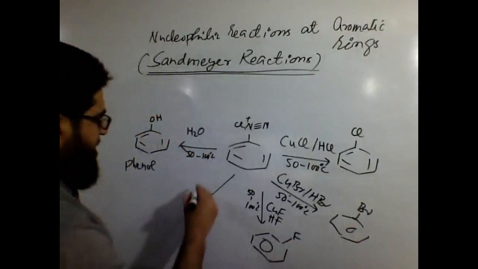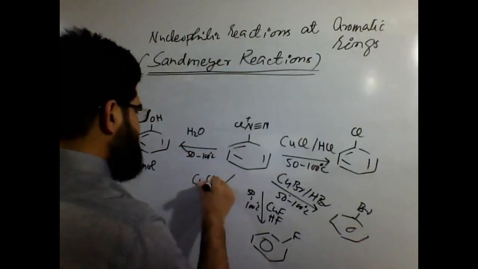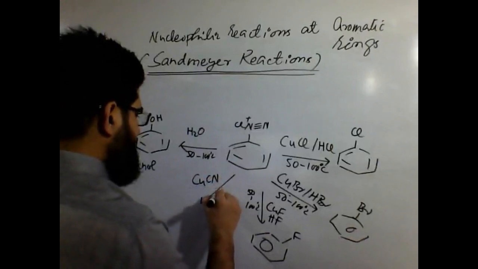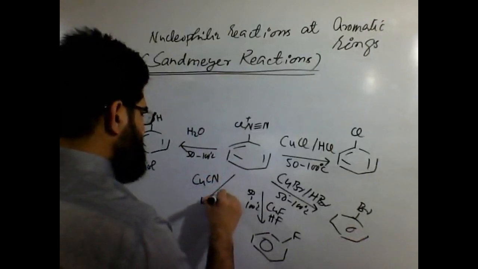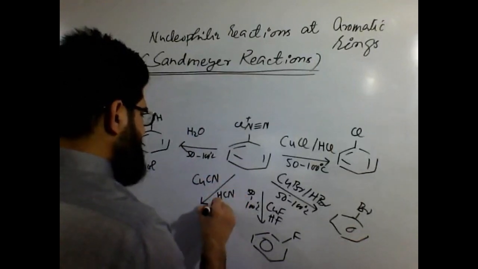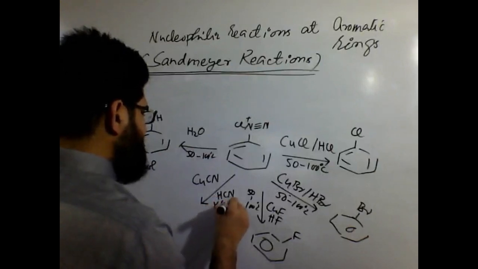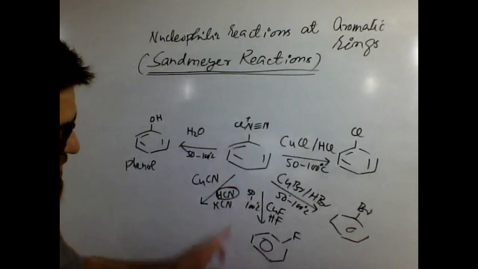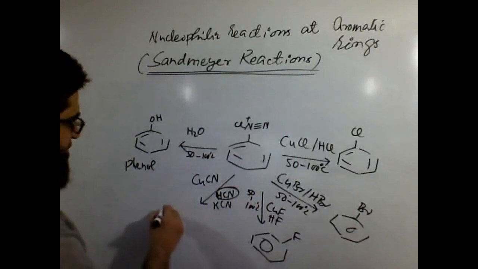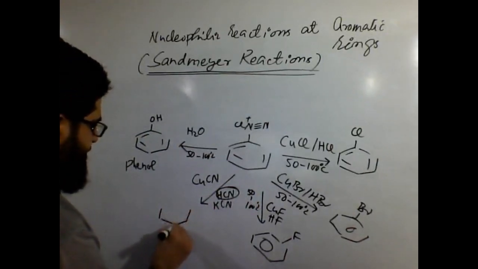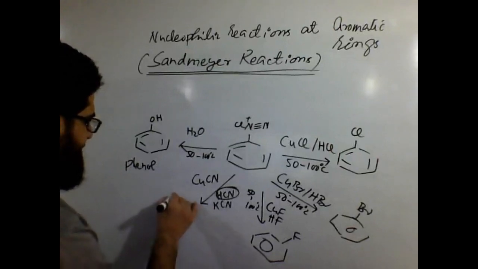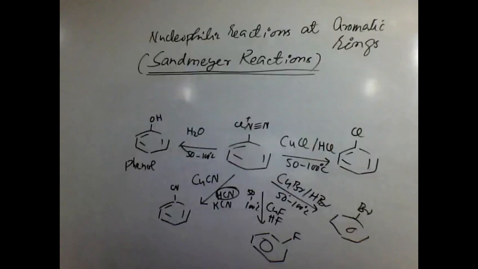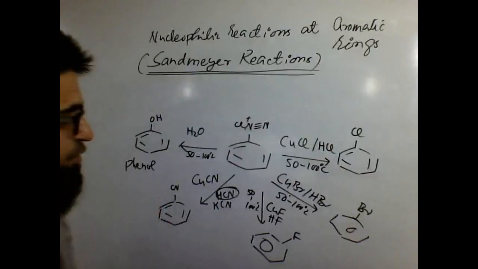People have also used cuprous cyanide, CuCN, with KCN instead of HCN. People prefer to use KCN, not HCN. Same reaction conditions. What happens then? The benzene receives CN negative. Cyanide is there, so cyanobenzene is produced.